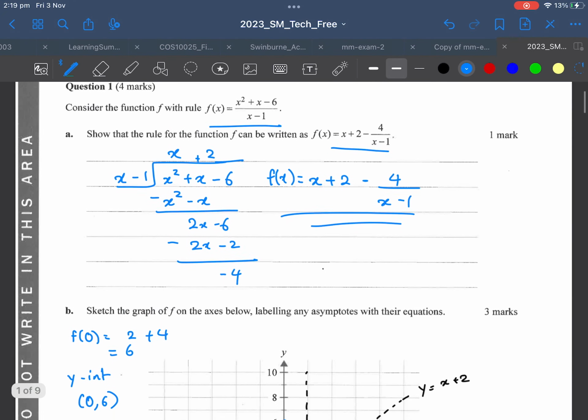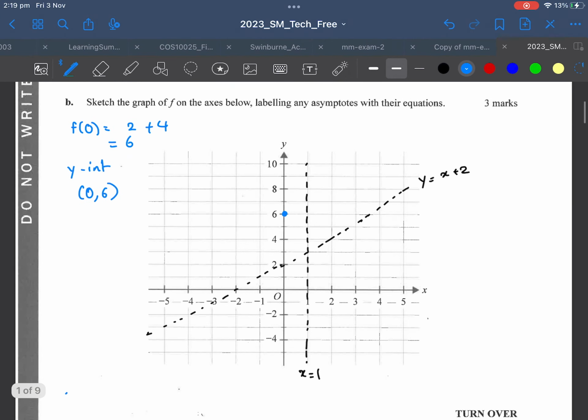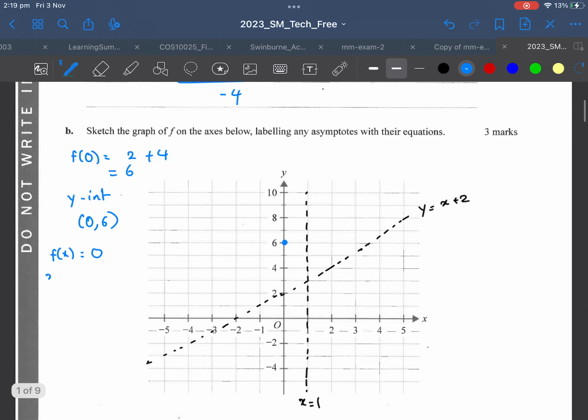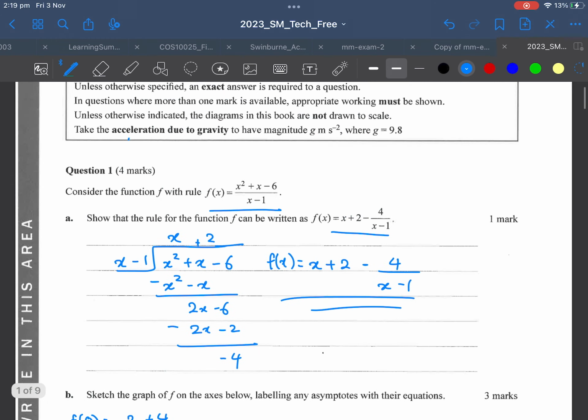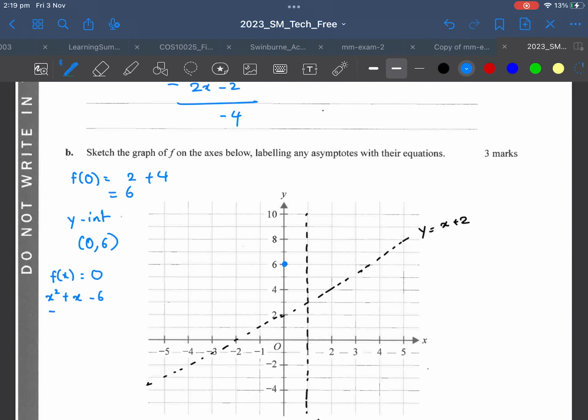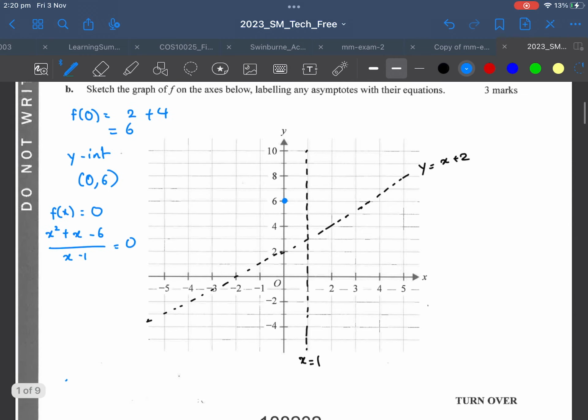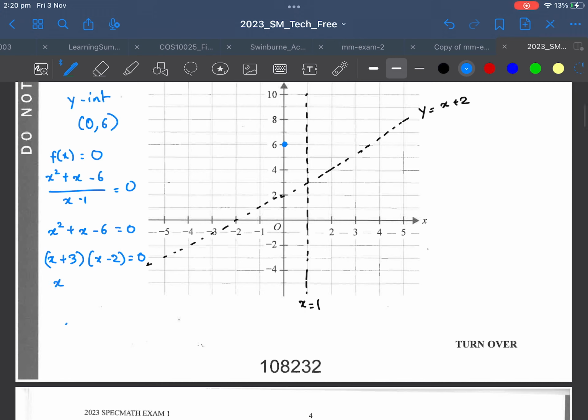Now let us find the x-intercept. So f of x equals to 0, so that means x squared plus x minus 6 over x minus 1 equals to 0. So x squared plus x minus 6 equals to 0. So x plus 3 and x minus 2 equals to 0. So meaning the x-intercepts are going to be x equals to minus 3 and x equals to 2.